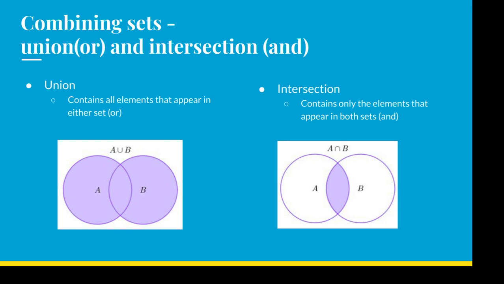And so we have one group of items and another group of items. And the items that those two groups have in common is the intersection. And all the items in both groups forms the union of those two sets. So it's a little bit different, but there's definitely some similarities in the two concepts.